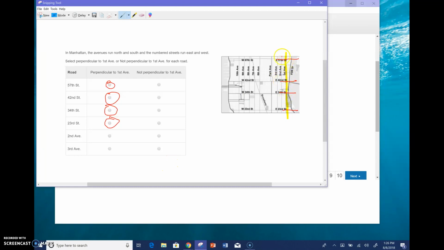2nd Avenue is right next to it, and we see that it runs alongside of it. It is not perpendicular to First Avenue. 3rd Avenue is right next to 2nd Avenue. Also runs vertically, so it is not perpendicular to First Avenue. So let's put those answers in.